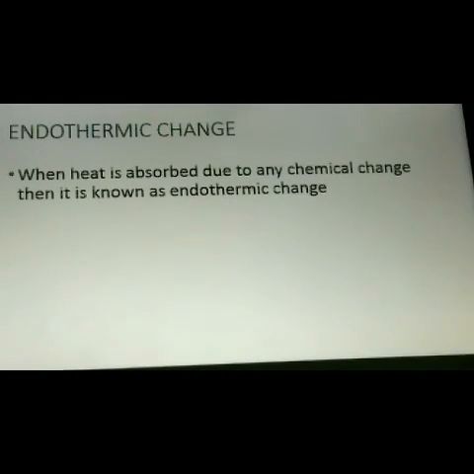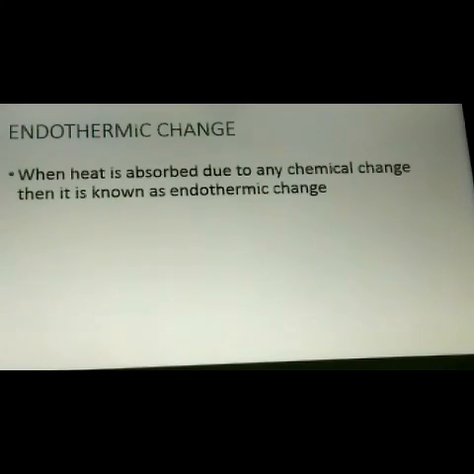Now let us see what is meant by endothermic change. There are some changes in which heat will be absorbed. Such change is said to be the endothermic change, right? So when heat is absorbed due to any change, then it is said to be endothermic change.